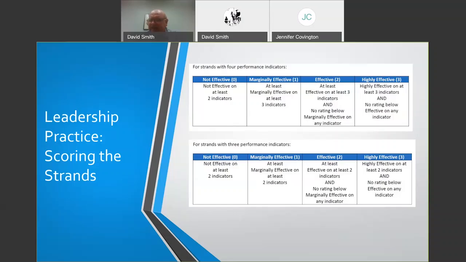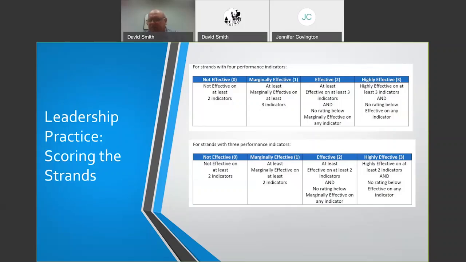That says indicators. We're going to change that. And there has to be no rating below effective on any indicator. So in other words, they have to have 3 out of 4 that are highly effective, and the other one can't be below effective in order for them to be highly effective. In order to be effective, they have to be at least effective on 3, and there has to be no rating below marginally effective.